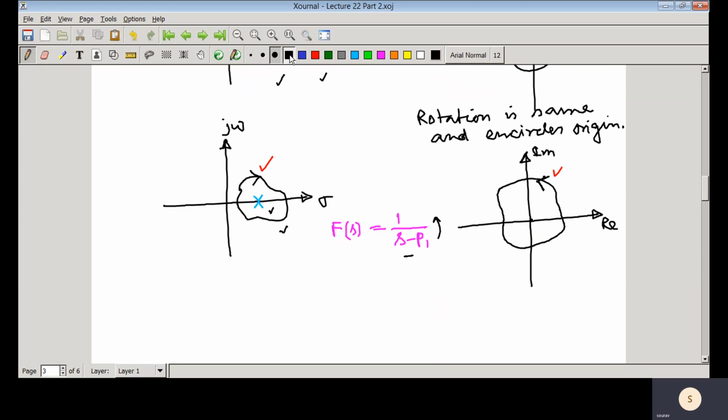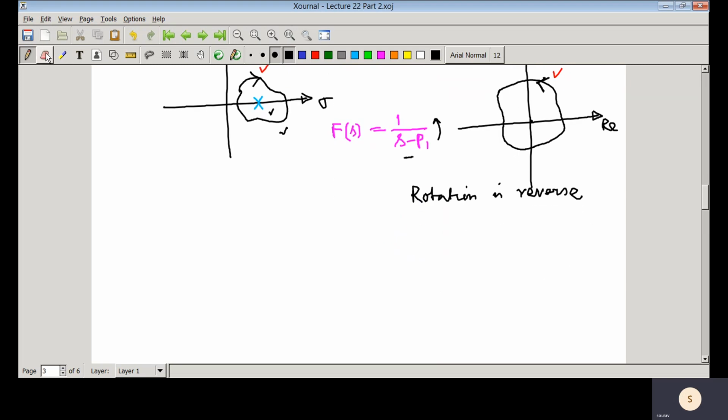So rotation is reversed and it encircles the origin.